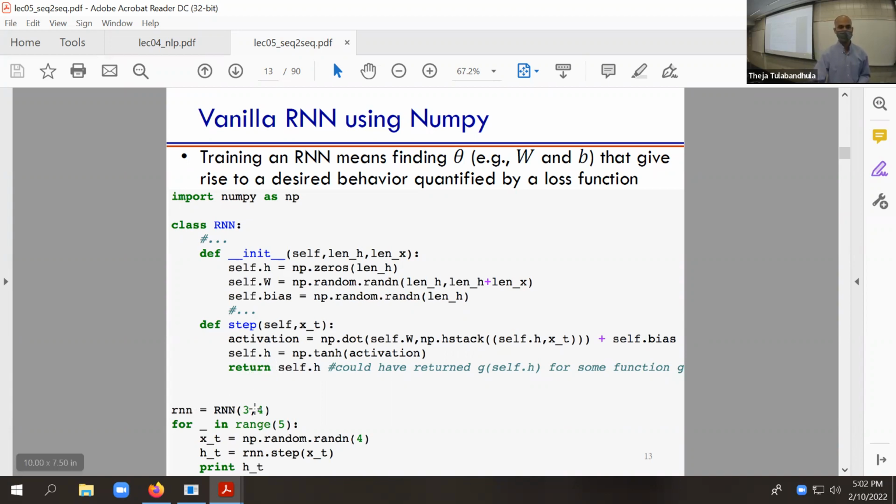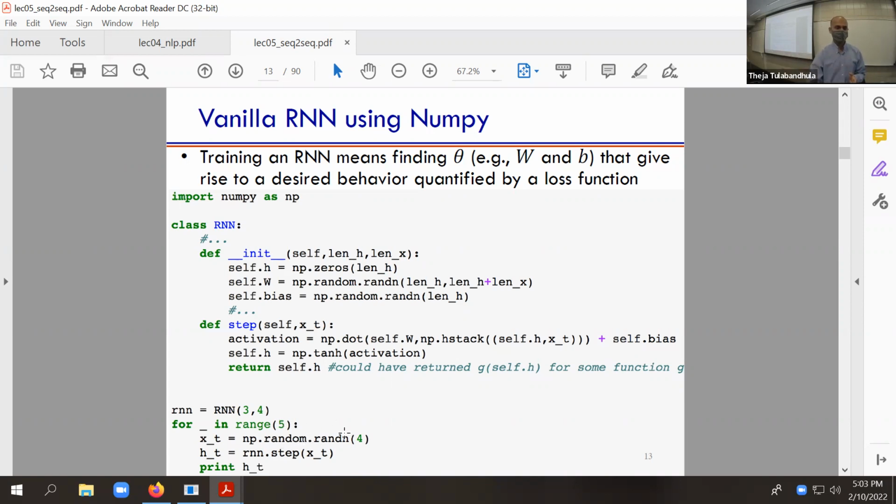If you think of RNN(3, 4), the length of the hidden vector is 3 and the length of the inputs is 4. So I'm always passing 4-dimensional inputs, and the tanh layer is always producing a 3-dimensional output, which is three neurons. Then let's say I have 5 words, or 5 such vectors.